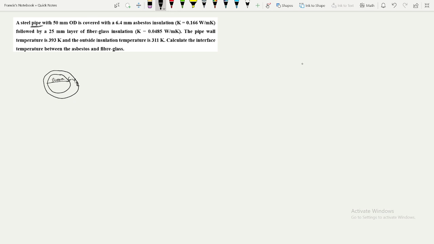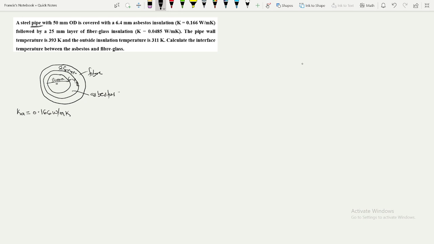with a thermal conductivity. So the thermal conductivity of the asbestos is 0.166 watt per meter Kelvin, followed by a 25 millimeter layer of fiberglass insulation. So we have another layer, 25 millimeters of fiberglass. So these are fiber and these are asbestos.